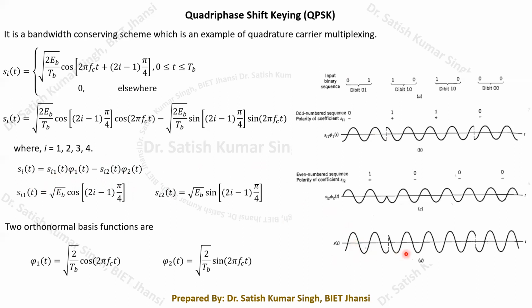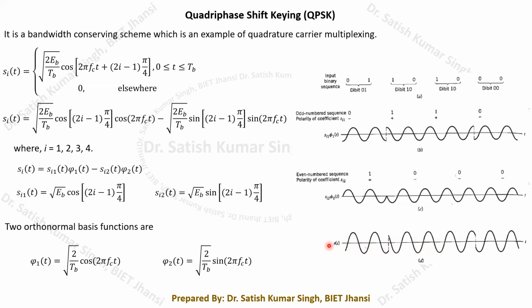So this particular D actually represents the QPSK signal, which is the subtraction of this signal from this signal, and then we will be able to get this result. I hope you are able to understand how we have got this picture.